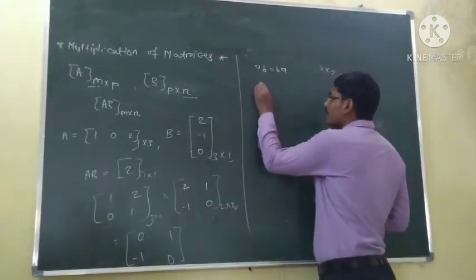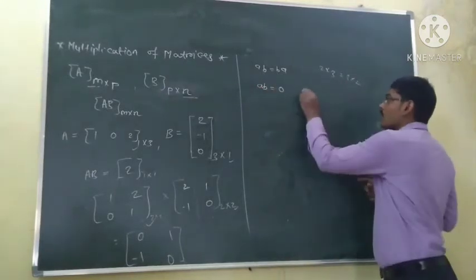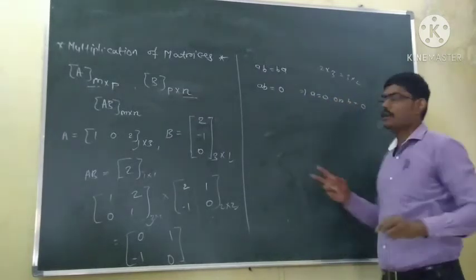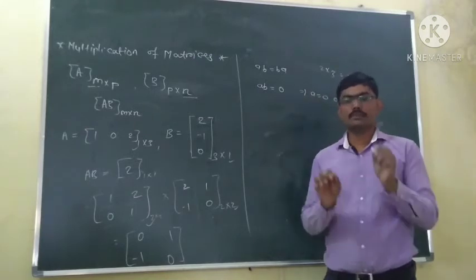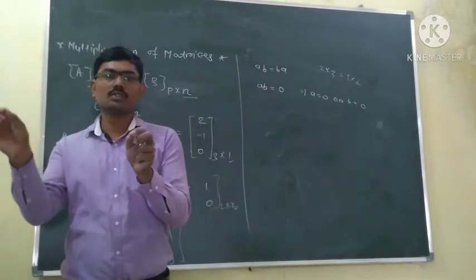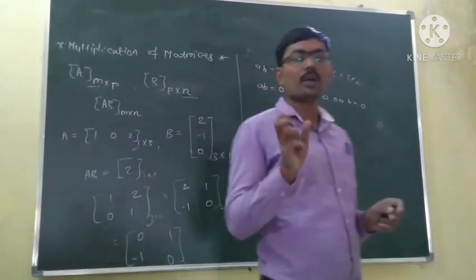Also, in real numbers, if the multiplication of two numbers is 0, then either A is equal to 0 or B is equal to 0. So 2 into something equal to 0 means that something must be 0. It's the property of real numbers.